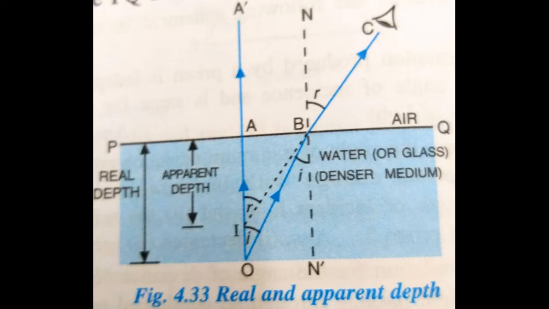There will be no refraction, no reflection, nothing. It will go straight. But for the ray OB, there will be a refraction. The ray of light will bend away from the normal, and that way we have this apparent depth. You can see the image I is situated at a depth which is lesser than the real depth. I hope you have understood this.